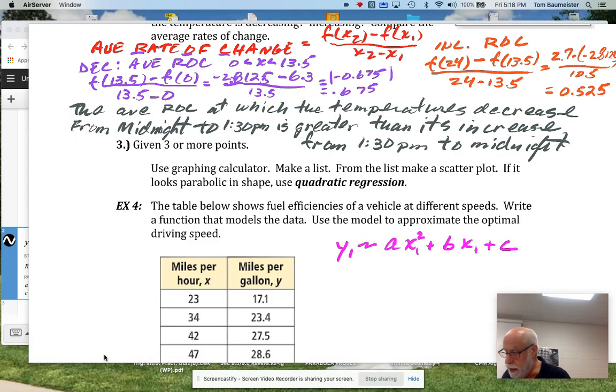And we will see that our Y is equal to negative 0.015x squared plus 1.56x minus 10.9.